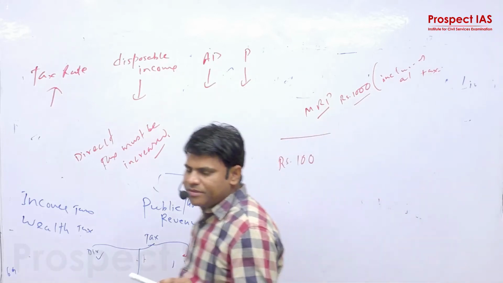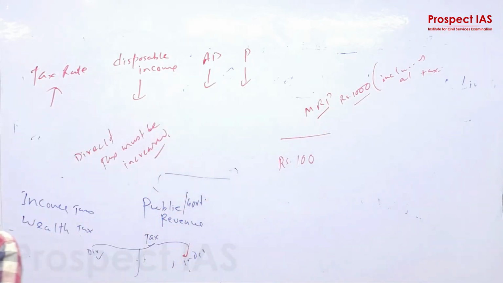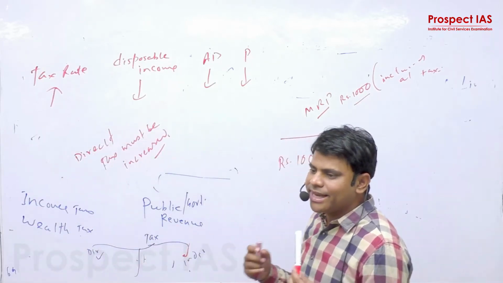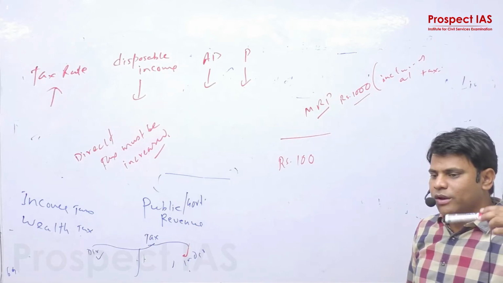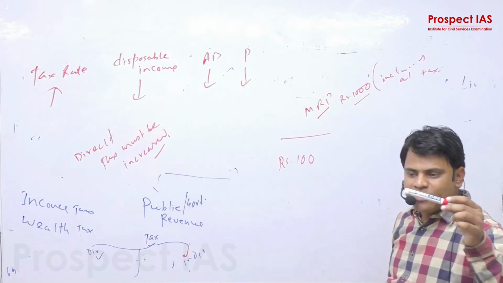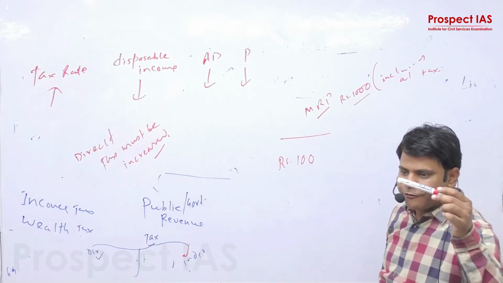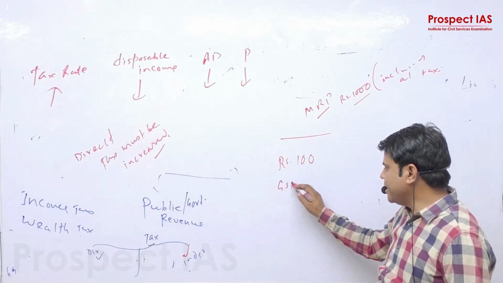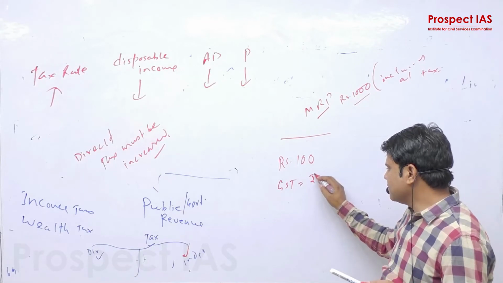After some time, the government levies GST on this product. The government is saying that sir, you are supplying this commodity, so you'll have to pay 5 rupees as GST per unit of market. Now 5 rupees GST has been imposed on this product.